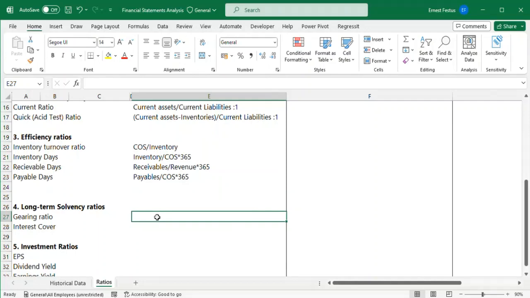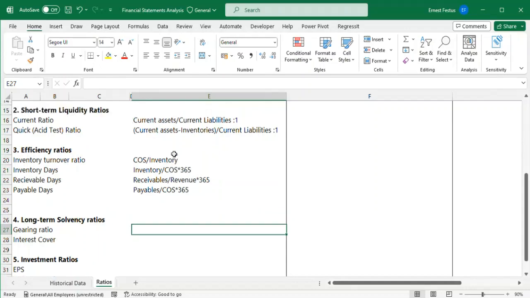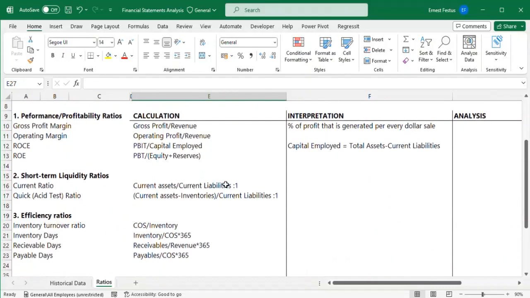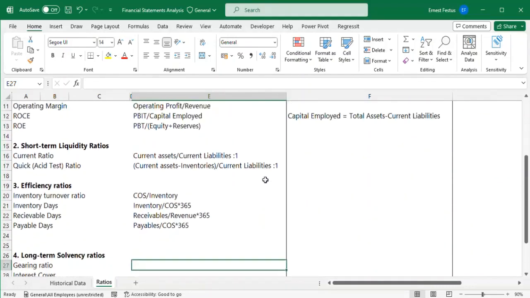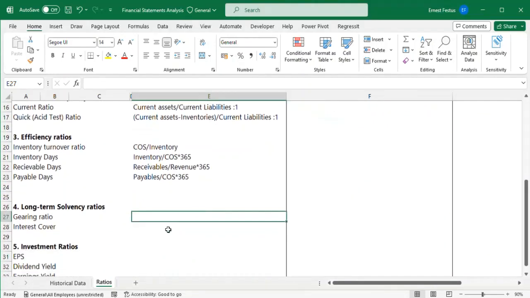Now the gearing ratio is calculated as, let me indicate my formulas first, and then after that I will talk about the interpretation, the meaning, and then the analysis. Our gearing ratio is usually debt over equity.